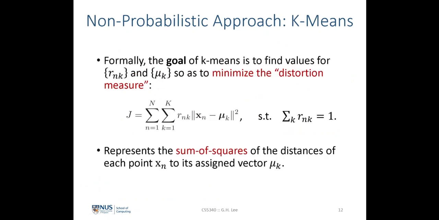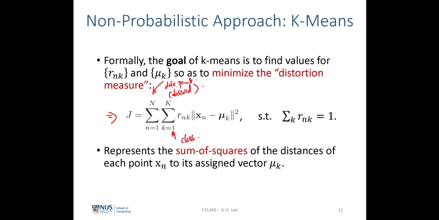So formally, with this definition of the 1-of-K coding of r_nk, we can formulate the goal of k-means as the problem of finding values for r_nk and mu_k so that we minimize the distortion measure, which is a cost function defined by this equation over here: J equals the summation over n, where n is my data point, or simply my observed points, and k is my class.